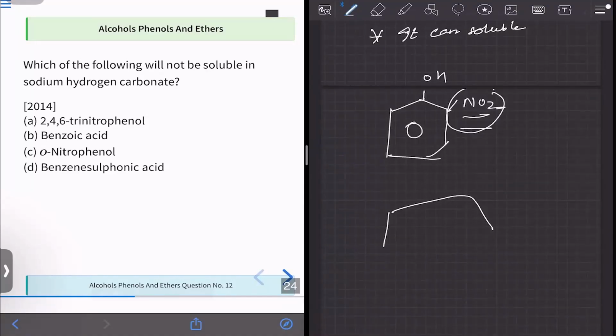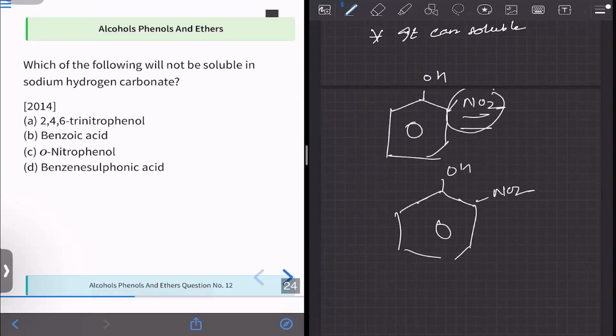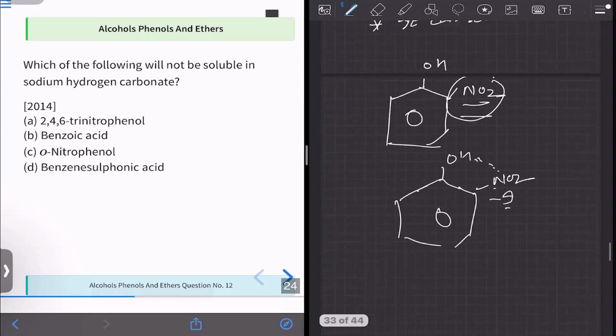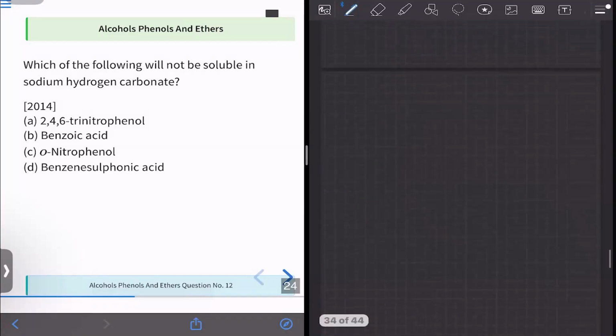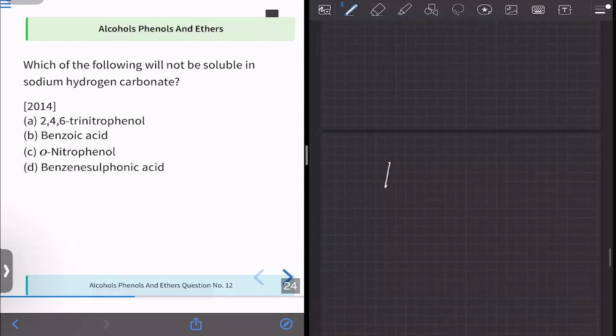We all know that NO2 is a highly minus I group. Along with that, it has a hydrogen bond between H and the nitro group, which makes it difficult to remove hydrogen from this compound. Next, option D, benzene sulfonic acid.